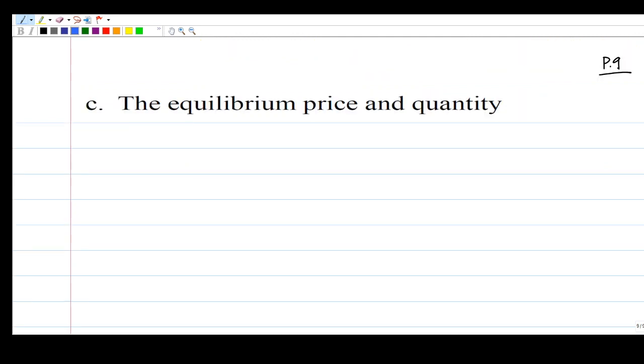The next part of the question, C, the equilibrium price and quantity. The solution. For market equilibrium, your supply must equal the demand.